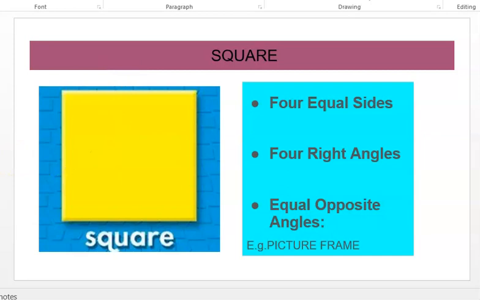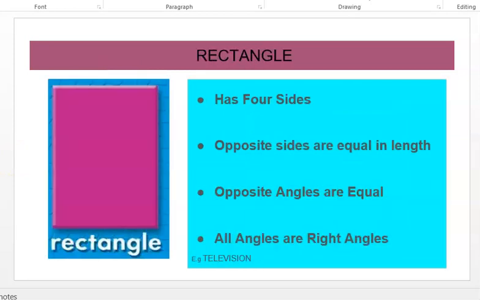The next example we'll be looking at is a rectangle. A rectangle is in almost every way like a square, except that in a rectangle, only the opposite sides are equal. Like you have here, this is equal to this, and this is equal to this.